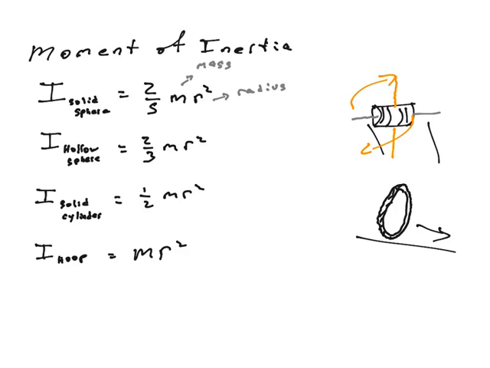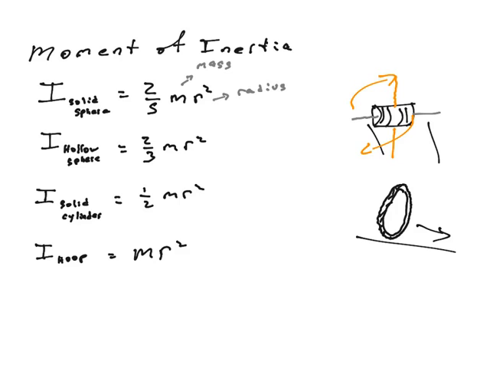When you Google these tables, you're going to see, okay, you have a solid sphere, but what if it's not rotating about the center, but about some other point? Or you have a cylinder, but maybe it's rotating about the vertical axis instead of the horizontal axis. Don't worry about any of that.